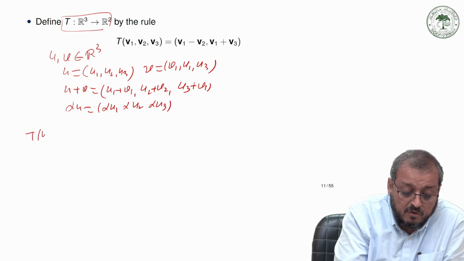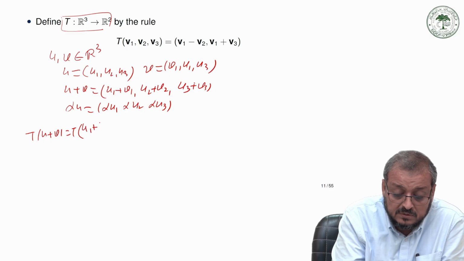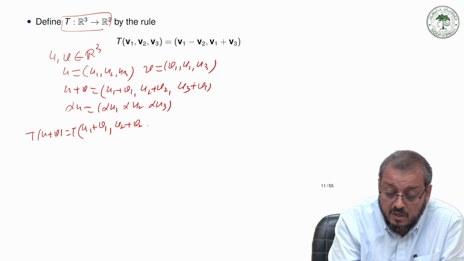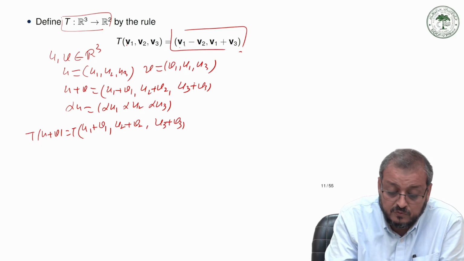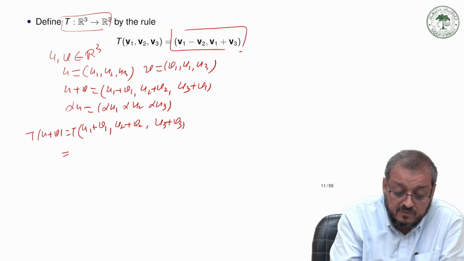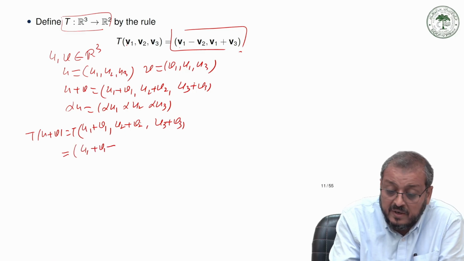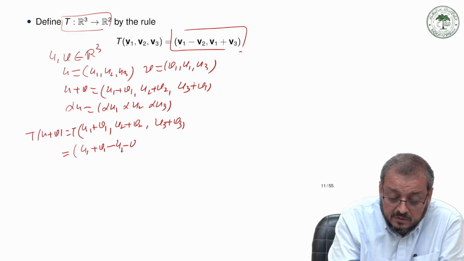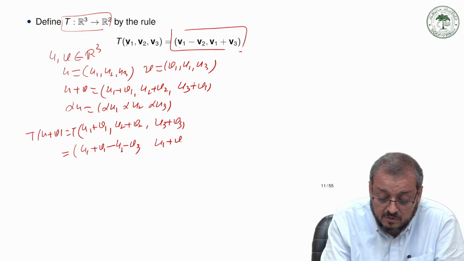Now we calculate T of u plus v, which is equal to T of (u1 plus v1, u2 plus v2, u3 plus v3), and this map is defined so that this can be written as (u1 plus v1 minus u2 minus v2, u1 plus v1 plus u3 plus v3).